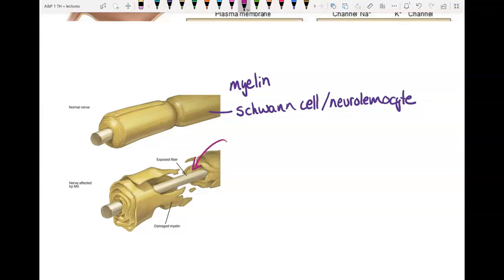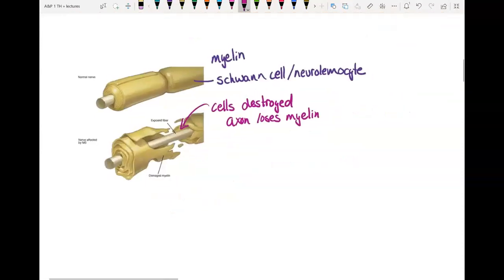The cells have been destroyed. And so this axon loses its myelin, so it can no longer do saltatory conduction. And so transmitting action potentials becomes very slow.